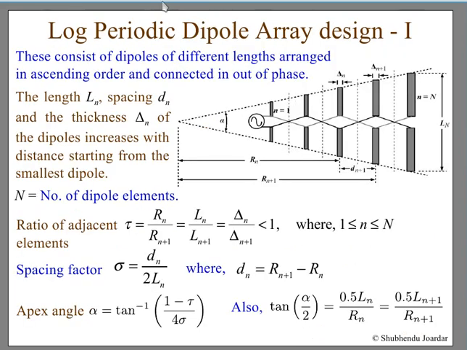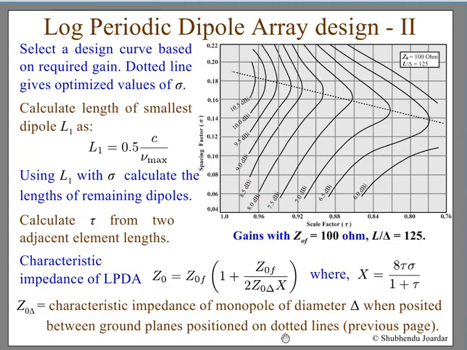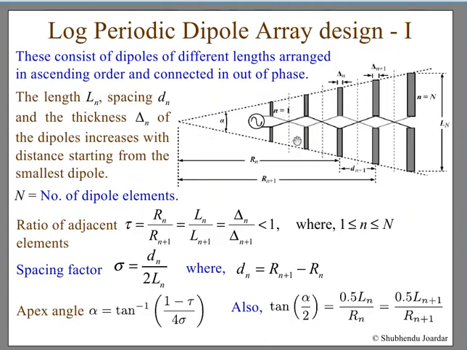See, ground planes positioned on dotted lines. So consider this line and this line to be having ground planes. You have to put some sheets of metal so that you isolate this one. Put a sheet of metal here and put another sheet of metal here, and between that this dipole will be there.